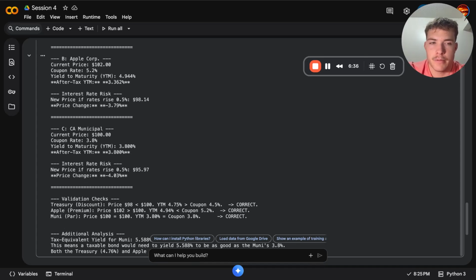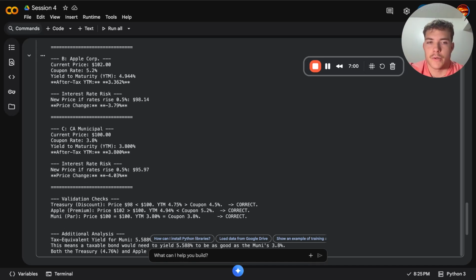And the Apple bond is probably the worst of both worlds for the client. So the recommended allocation is 70%, which would be $350,000 of the $500,000, to the California municipal bond for income, and 30% to the U.S. Treasury bond for safety and liquidity.